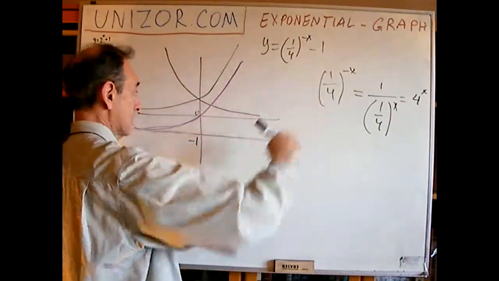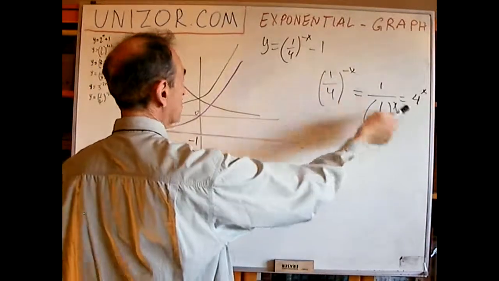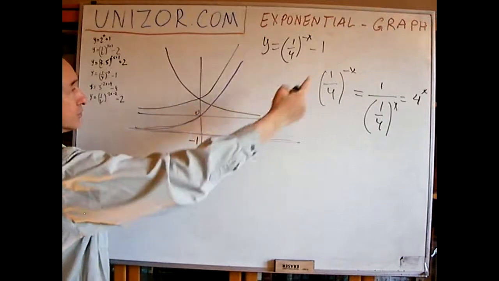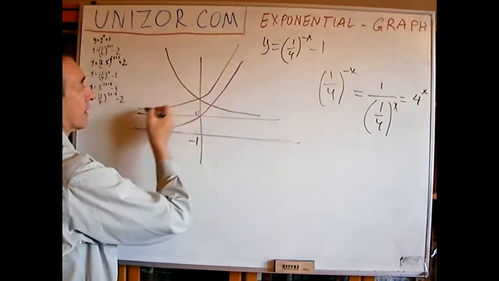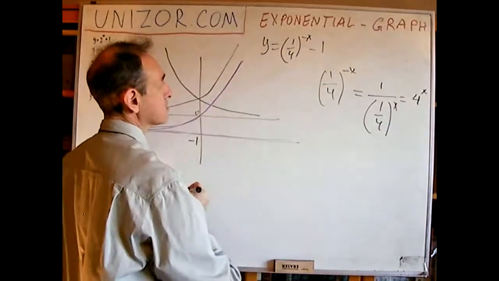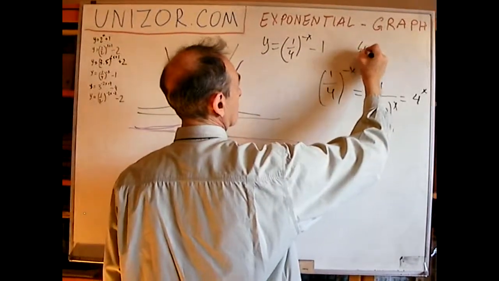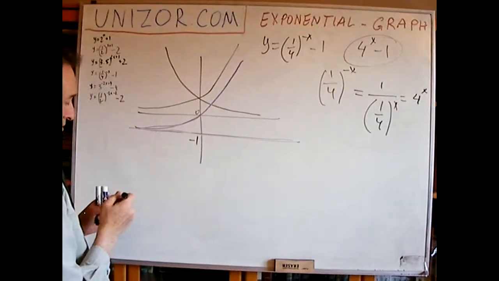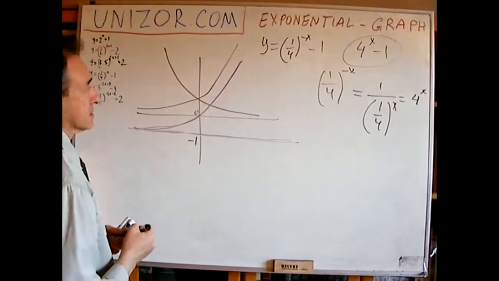So I reverse it, right? So it's basically 4 to the power of x. And 4 to the power of x really looks like this. So instead of doing this, we can always do this. Which basically means exactly the same thing.